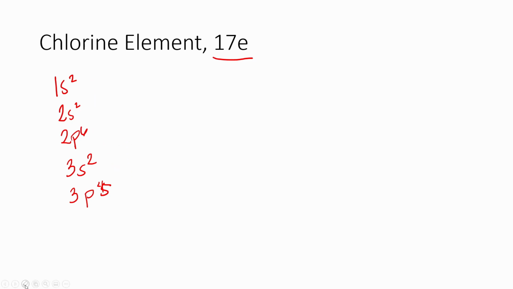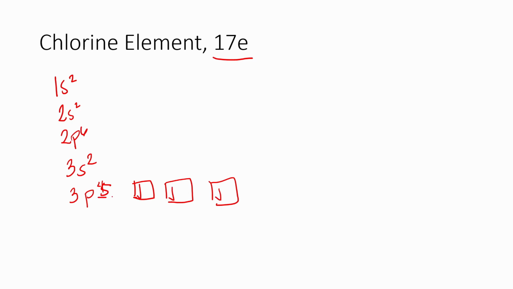I'm not gonna fill it up completely. I'm just gonna fill the last shell. Okay, so 3p5. How many orbitals can p accommodate? It can accommodate up to 3. Based on our Hund's rule, you are to write them down in parallel first.